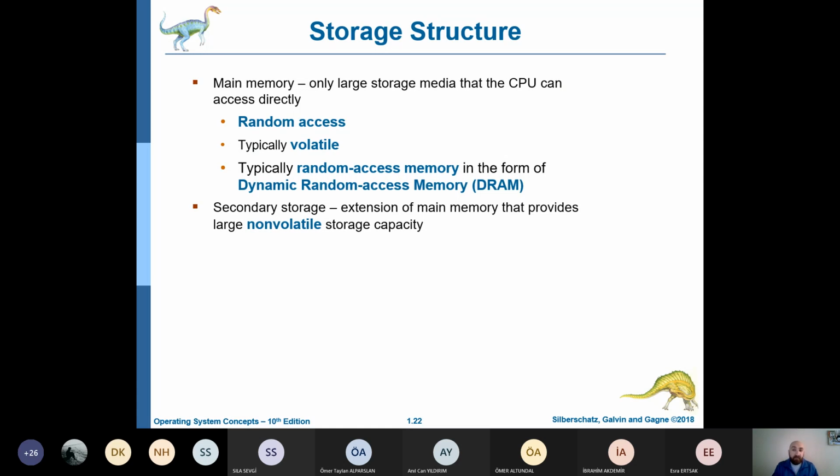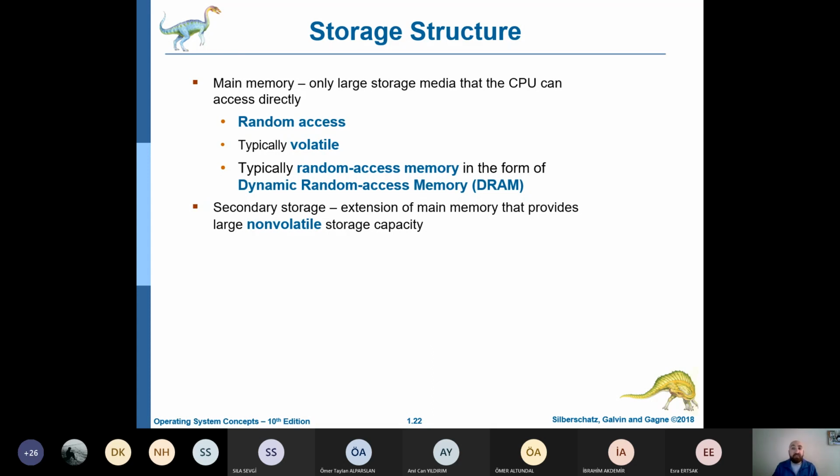Ideally, we want the programs and data to reside in main memory permanently because we need programs and some data to execute those programs. In an ideal world, we want that data and code stored permanently in our main memory.